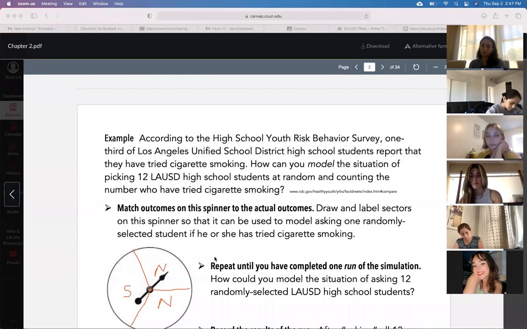Yes. Could I use dice to represent this model? Could I simulate with dice? Or a die? I don't necessarily need more than one, but if I had dice at my disposal, could I use those instead? Wouldn't it be 2 dice? Well, I would use one die, but if you want to use 2, you can.